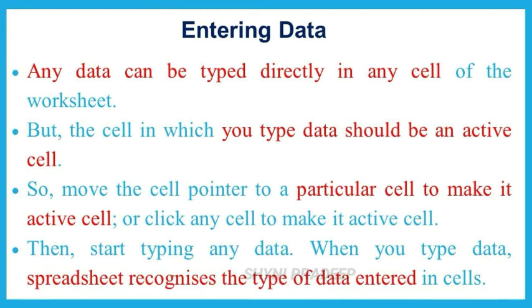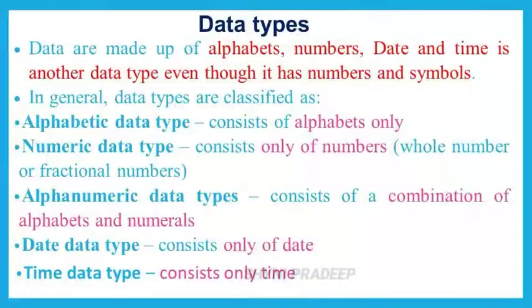When you type data, the spreadsheet recognizes the type of data entered in cells. Okay. There are different types of data available. Data is made up of alphabets and numbers. Generally, data types are classified as alphabetic data type, numeric data type, alphanumeric data type, date data type and time data type.